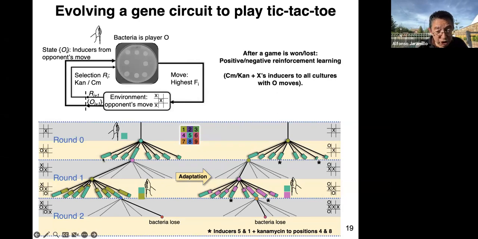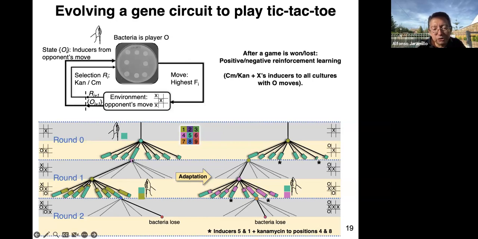So I'm showing the red fluorescence, the F, for a given inducer, by the length of the tube here. So this is the longest. This is the shortest.